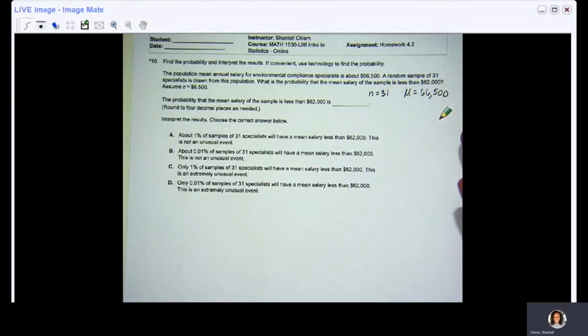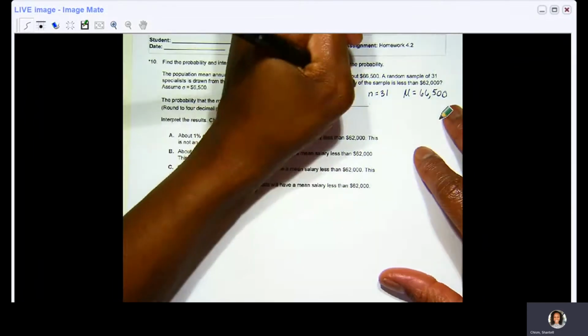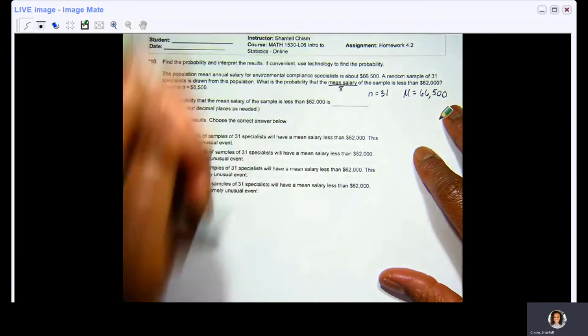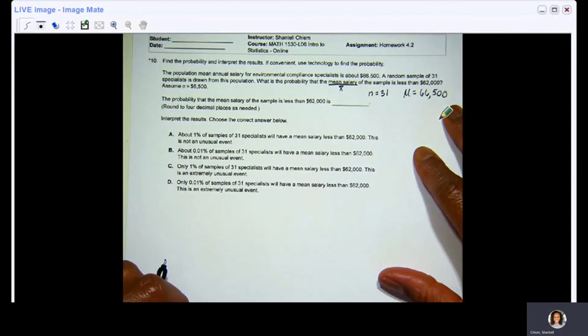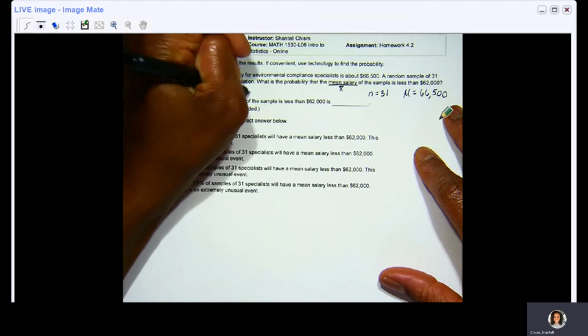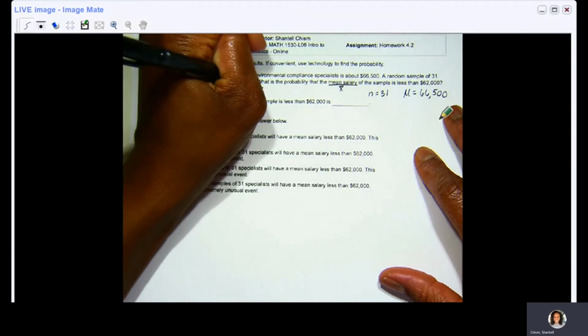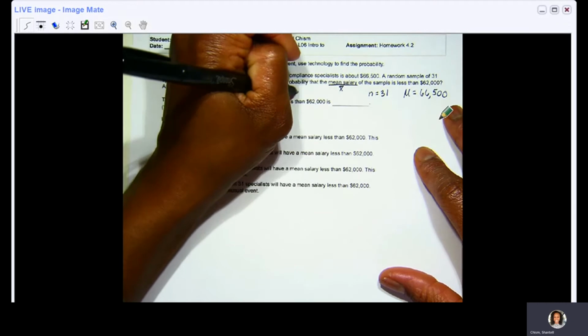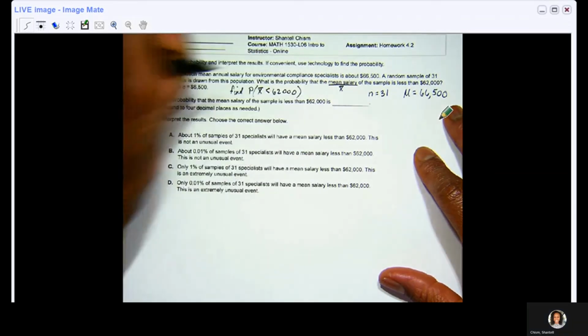What is the probability that the mean salary, that X bar, of the sample is less than 62,000? So we want to find the probability that X bar is less than 62,000. That is what we want to find.